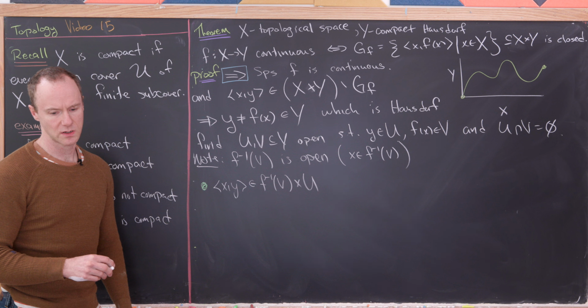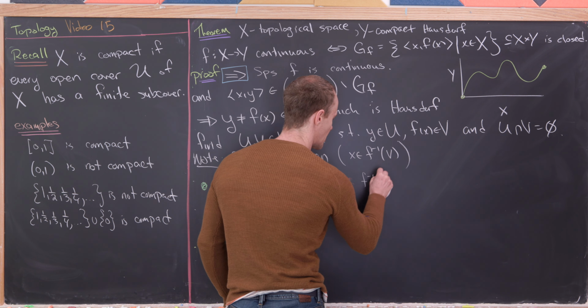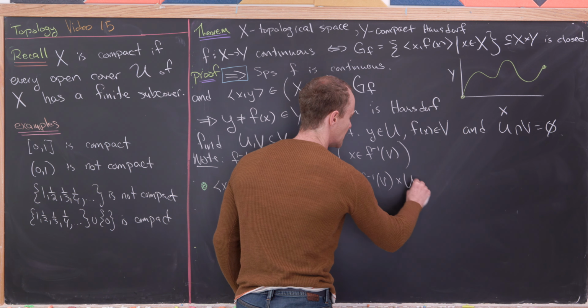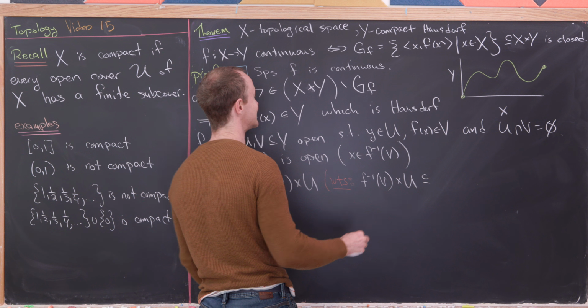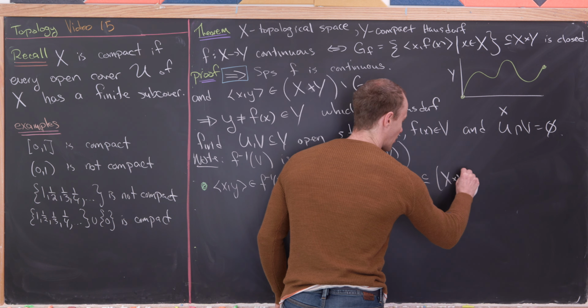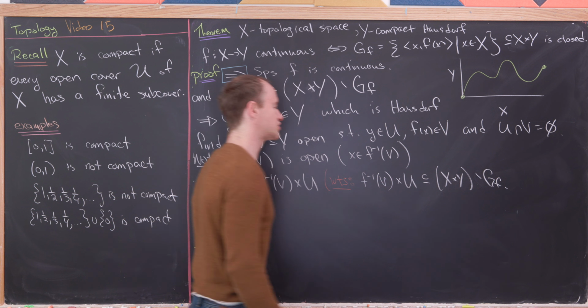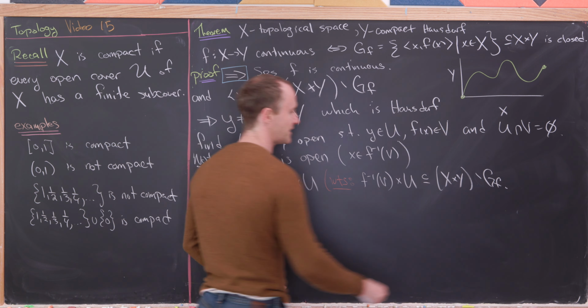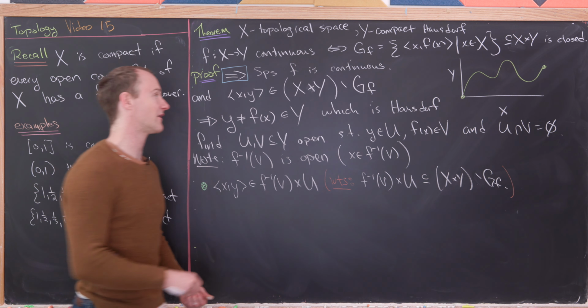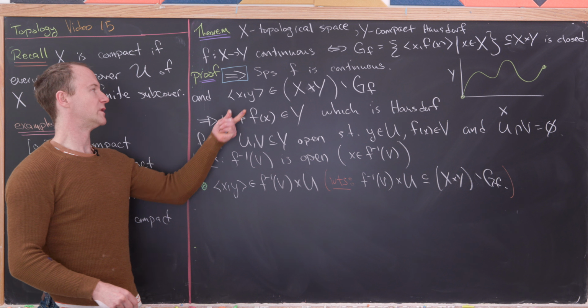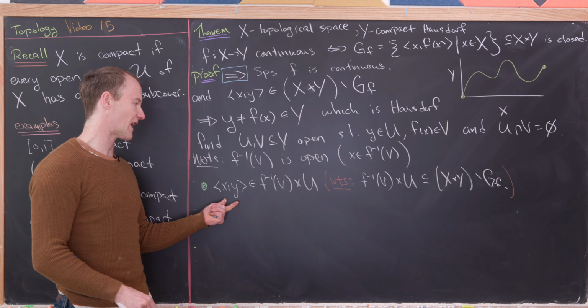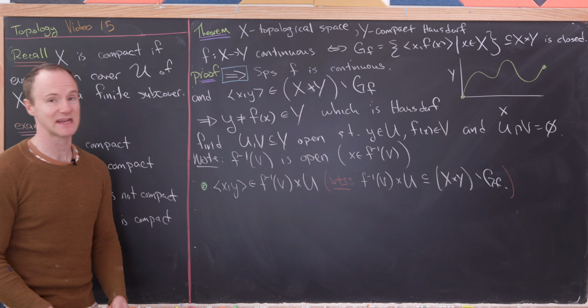And so that leads us to want to show that this pre-image of V cross U is contained in our complement of the graph. And if we can show that it's contained within the complement of the graph, then what have we done? Well, we took an element in the complement and we found a neighborhood of that element that's contained in the complement.